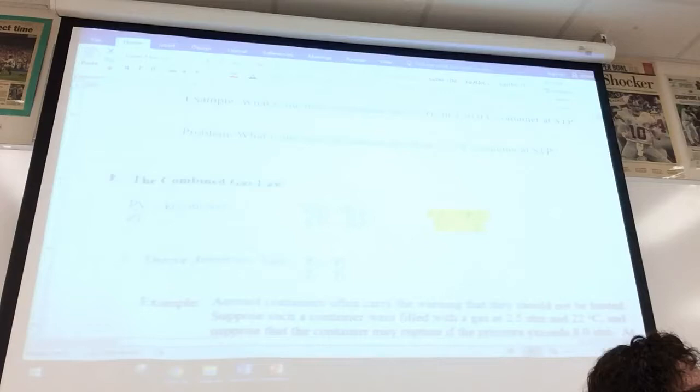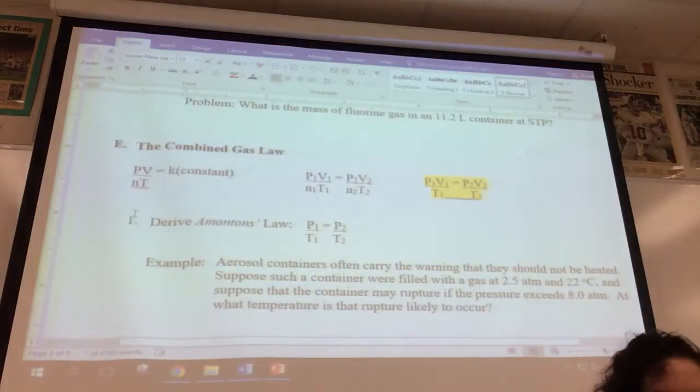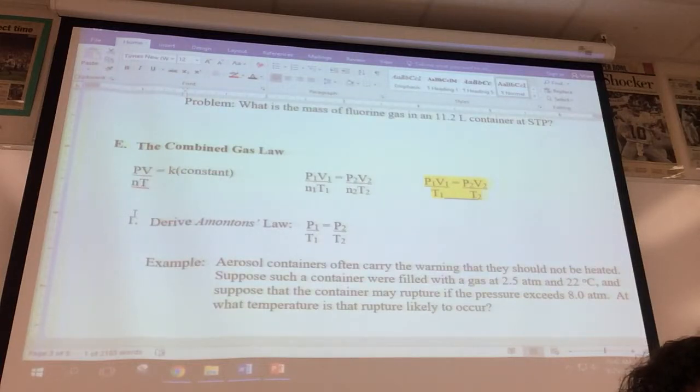To the next one. Just be careful with fluorine gas. It's at the top of the screen. Just try and do this without a calculator.